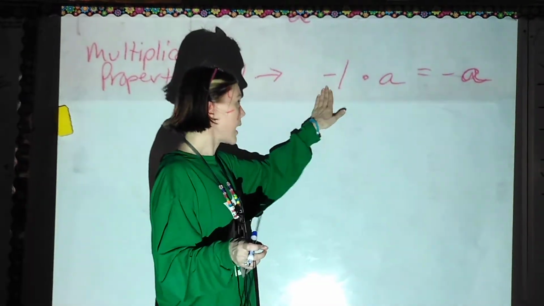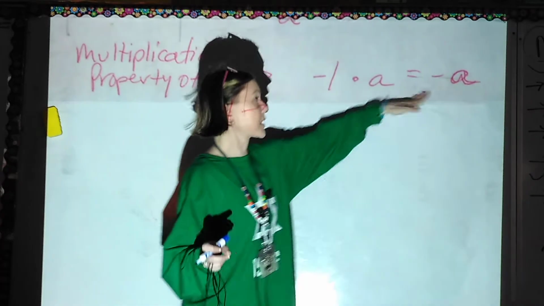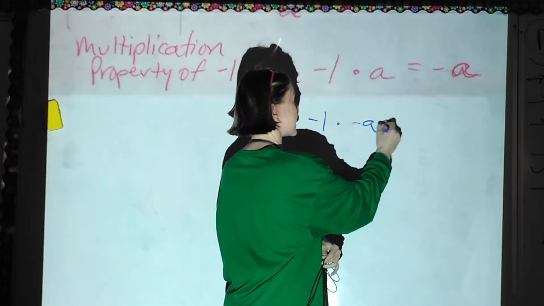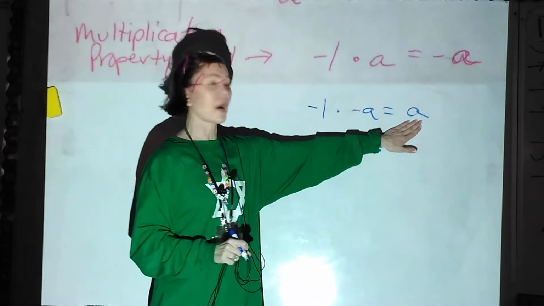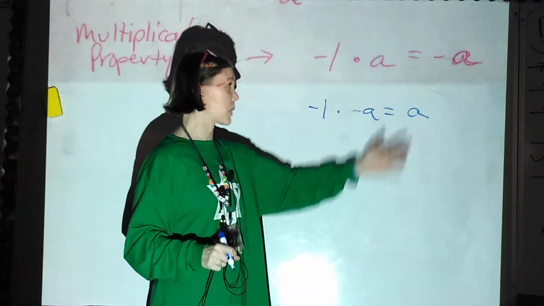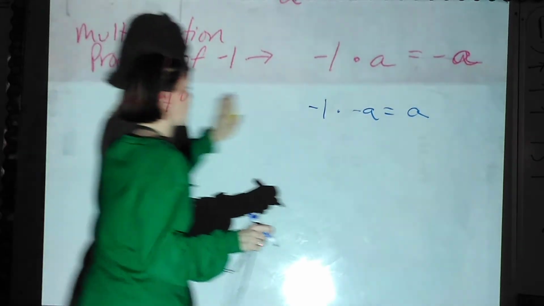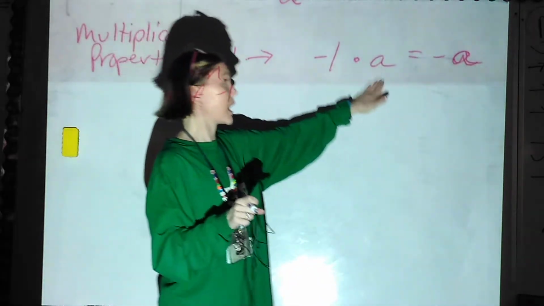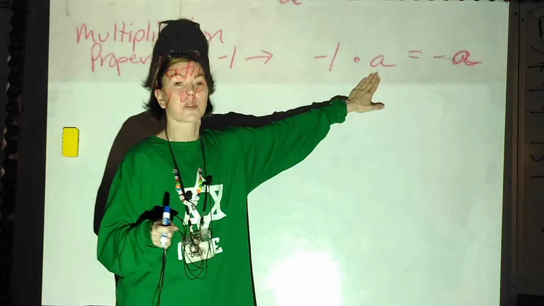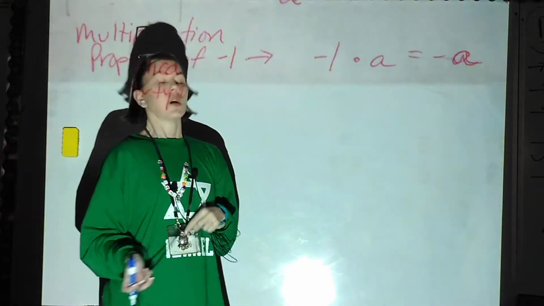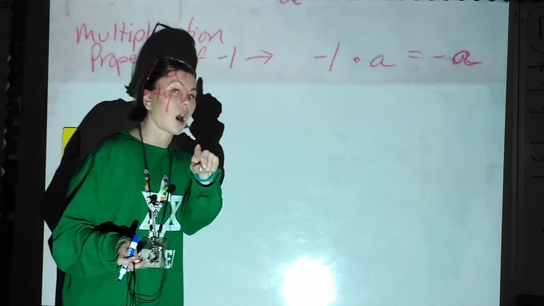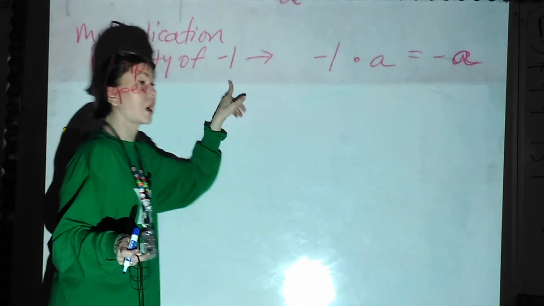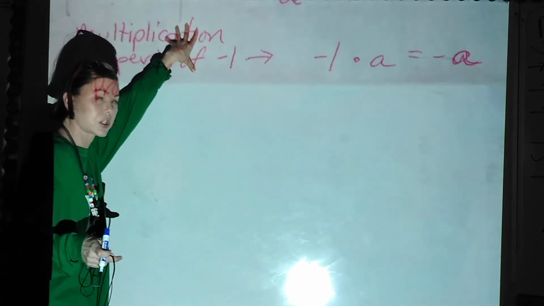If you have -1 times something positive, it's going to make it negative. But if you have -1 times something negative, the result would be positive. Negative times a negative is positive, but the property is basically saying that -1 times anything will give you the opposite of whatever that original something was. We already know that, but you need to know that's the multiplication property of -1. This is the good stuff. This is what you need to know.